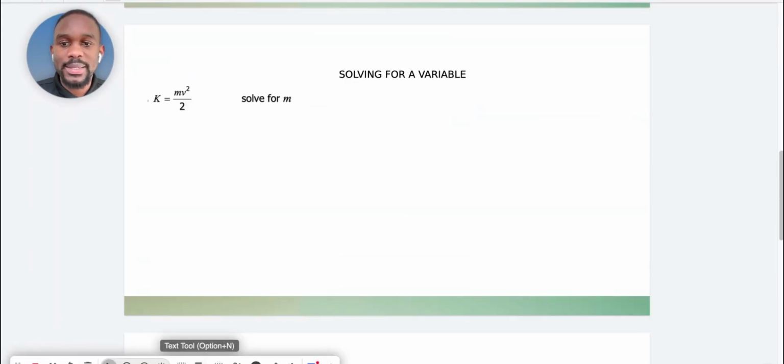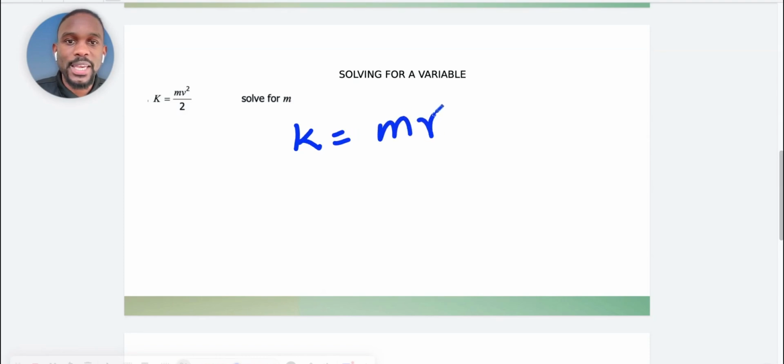Let's look at another example. In this example, they want us to make M the subject of the expression, so they're telling us to solve for M. We have K is equal to M V squared, divided by 2. To get rid of this 2, we need to multiply by 2 on both sides of the equation. These 2s will cancel.